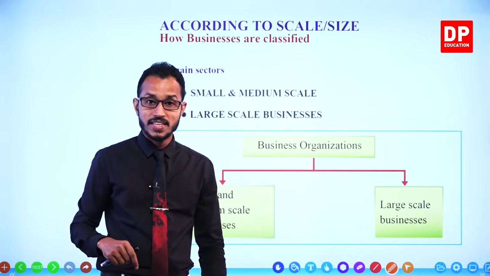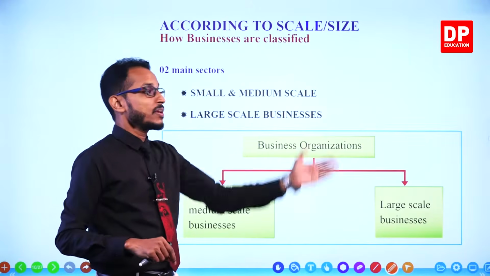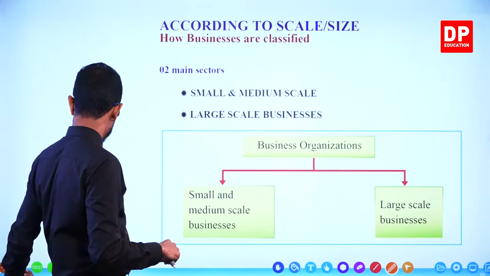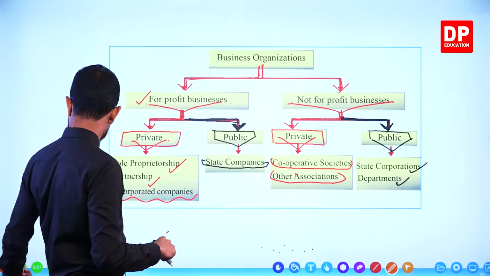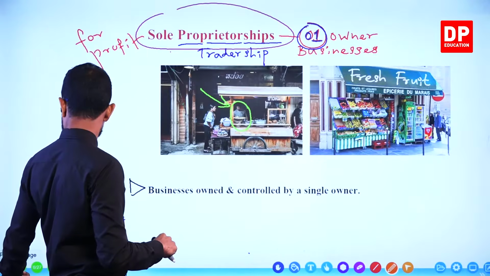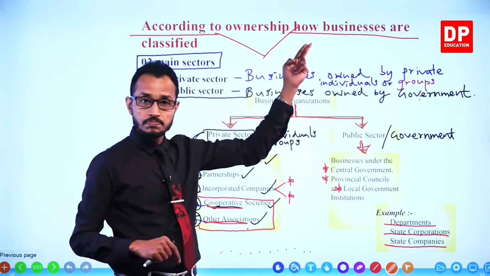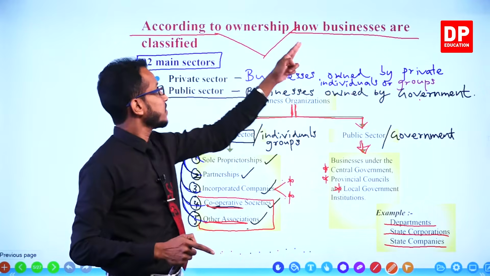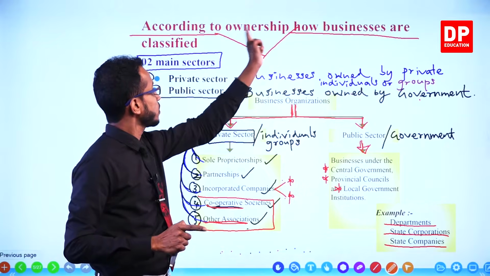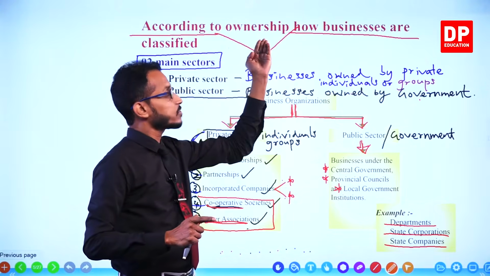Ink was the criteria. Just like that, we divided business organizations, dividing them on ownership. The first criteria was ownership.